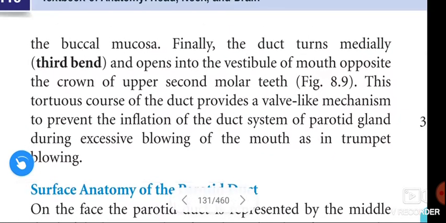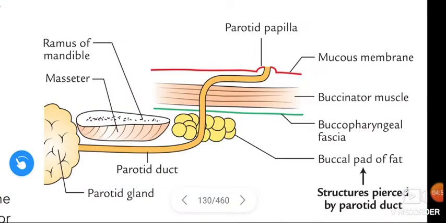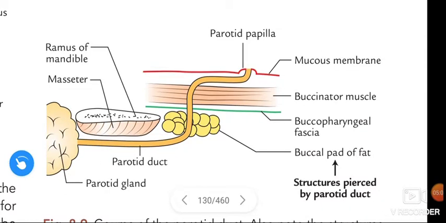Okay, see this figure. This figure represents the course of the parotid duct.